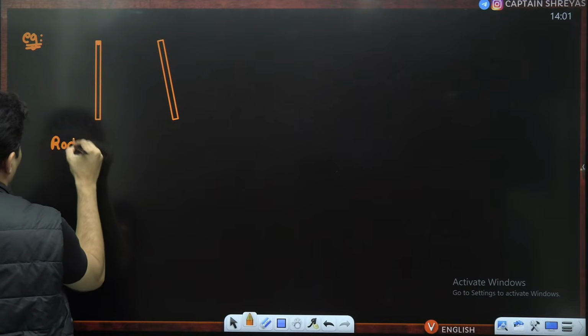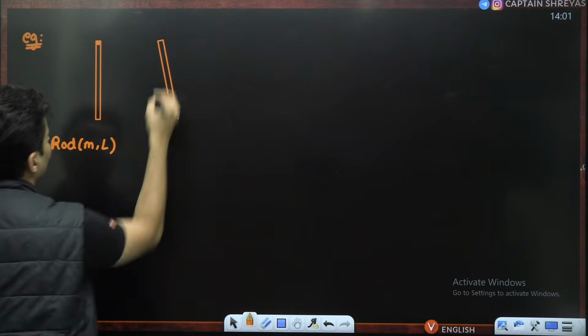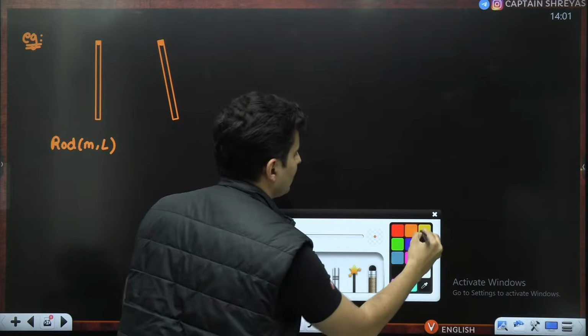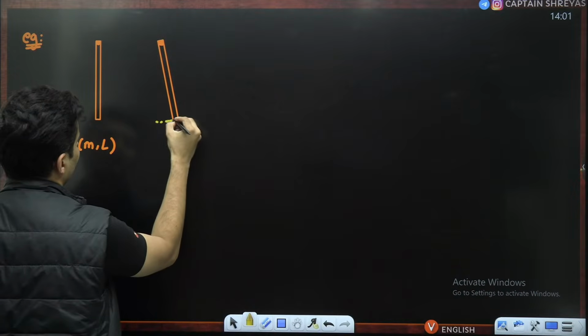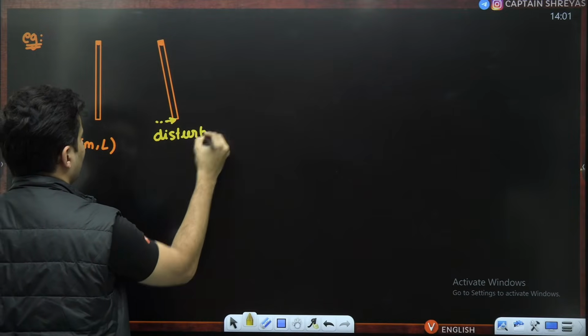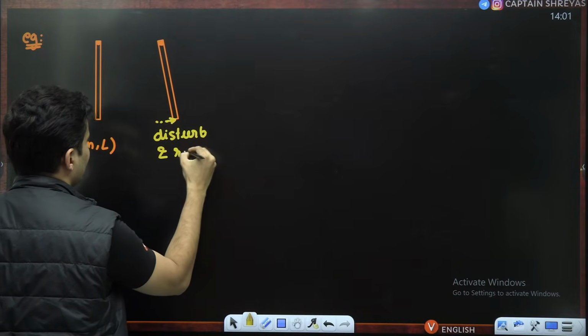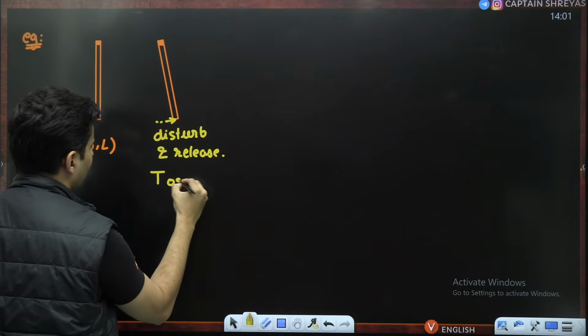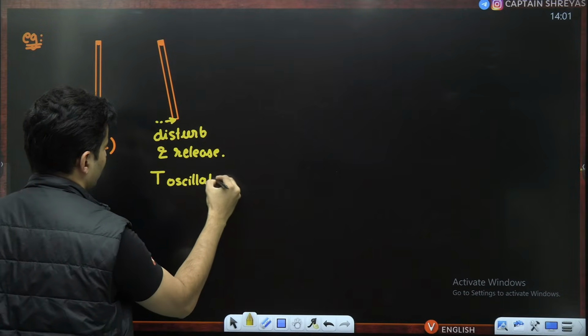This is a rod of mass m and length L, and somebody disturbs it like this. If you disturb this particular rod and release it, the question is: find the time period of this particular oscillation.